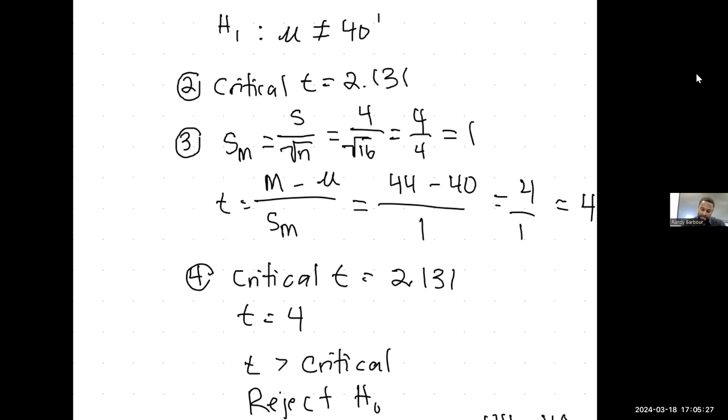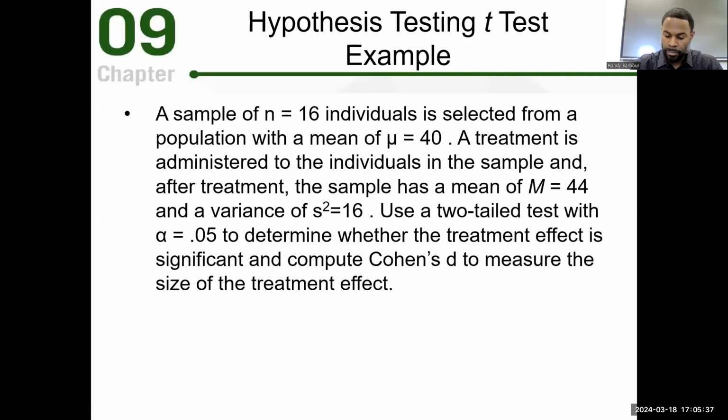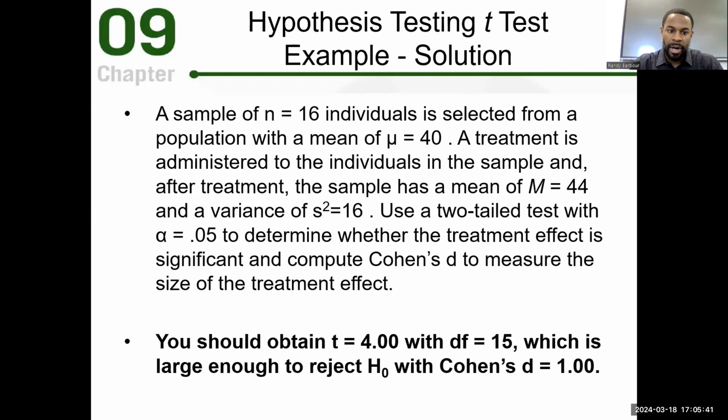All right, let me stop sharing, go back. So again, you should obtain a t of 4, degrees of freedom 15, and the Cohen's d.